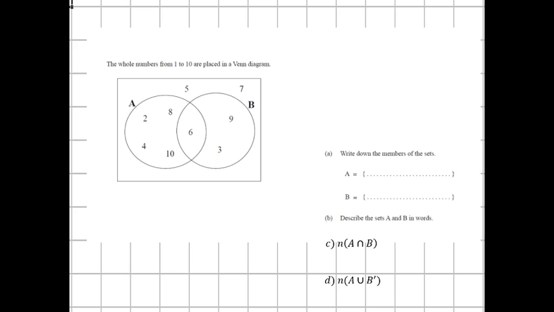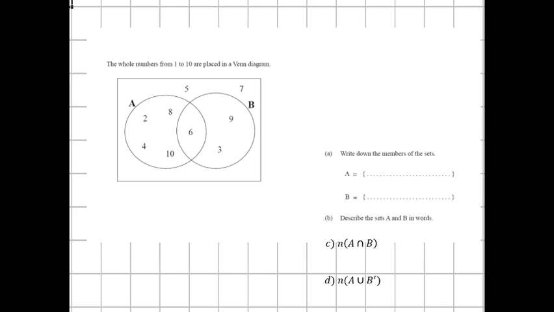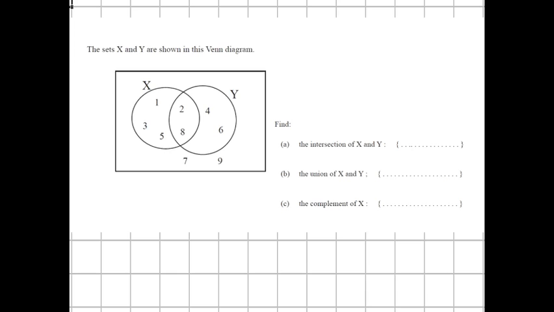Here is a question. Have a go at A, B, C, and D. Here's another question. Have a go at doing that. This time they're written out rather than written in notation. This one is notation, and that one's written out.